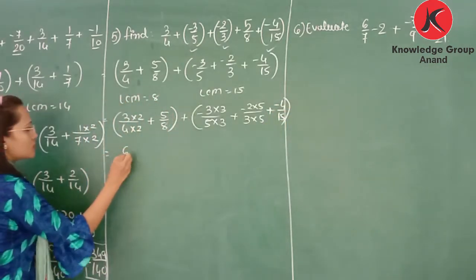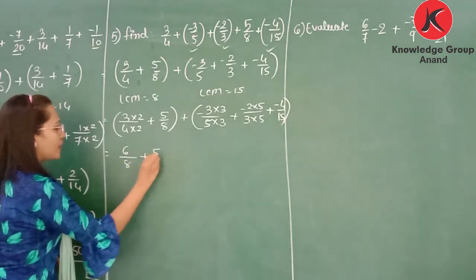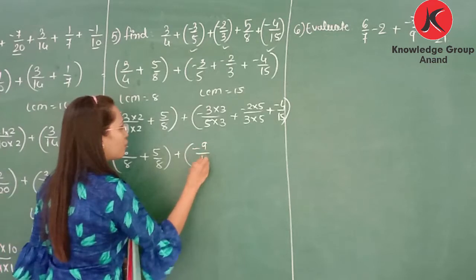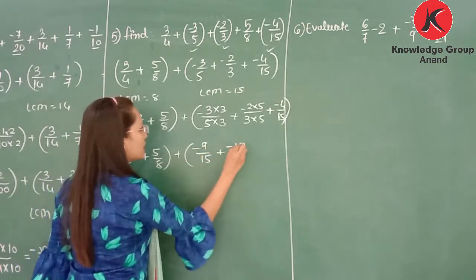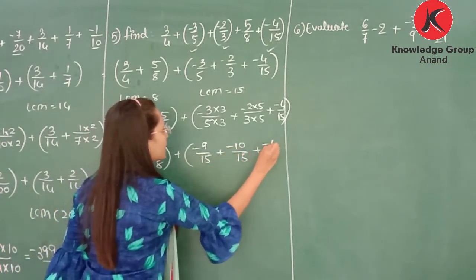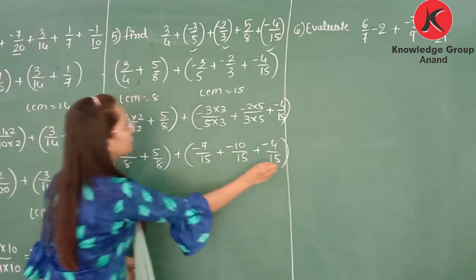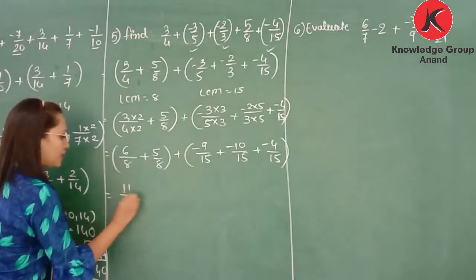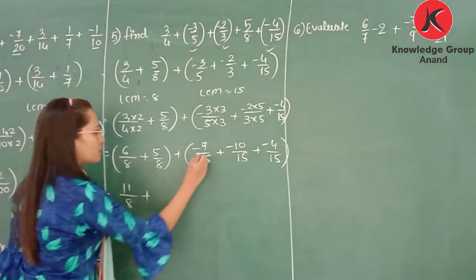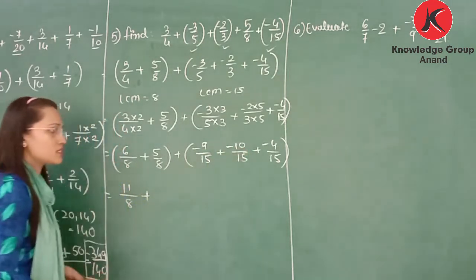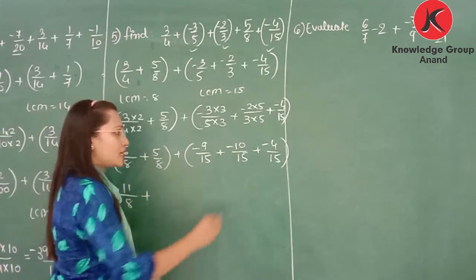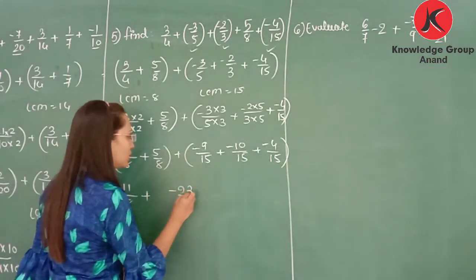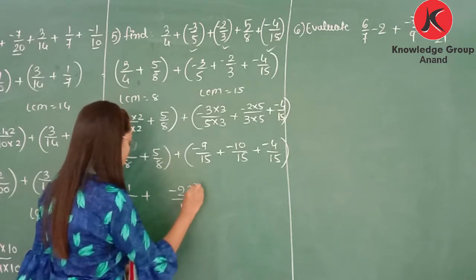So here it is 6 by 8 plus 5 by 8 minus 9 by 15 plus minus 10 by 15 plus minus 4 by 15. Now 6 plus 5 is 11 by 8 plus minus 9, minus 10 and minus 4. Add the numbers, so it is minus 23 by 15.